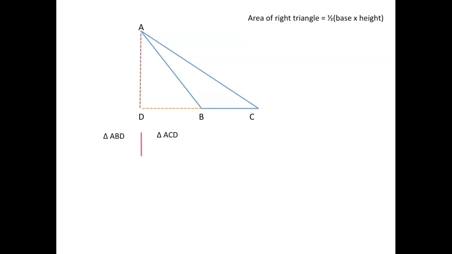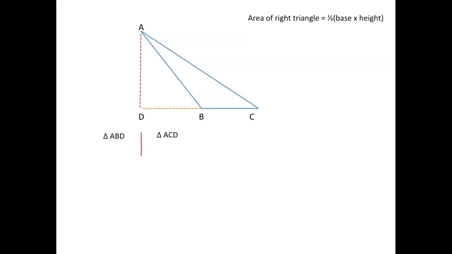Now, we know that the area of a right angle triangle is half base times height. So in this situation, to find the area of triangle ABC, we have to subtract the area of triangle ABD from triangle ACD.